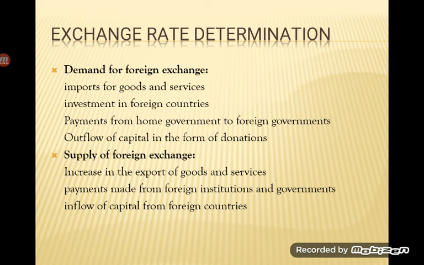Similarly, inflow of capital in the form of FDI and FII investments is happening in our country, where we are earning foreign currency. So that is where the demand for foreign currency as well as the supply of foreign currency arises.